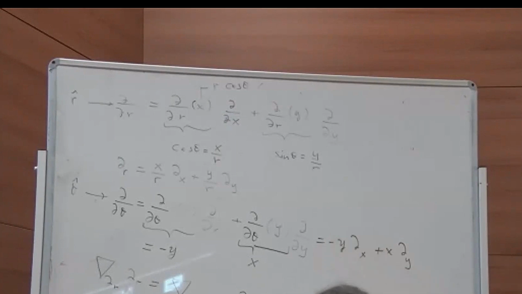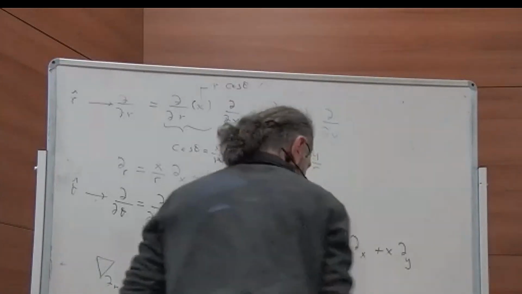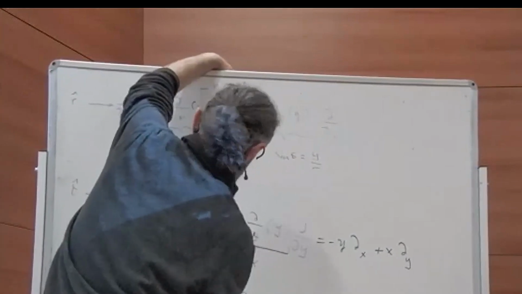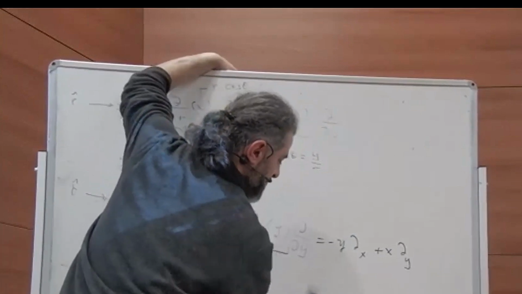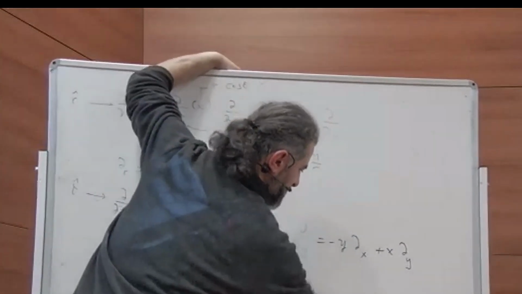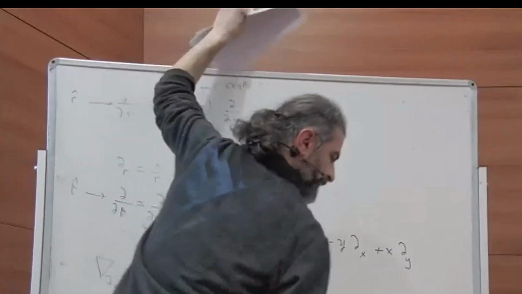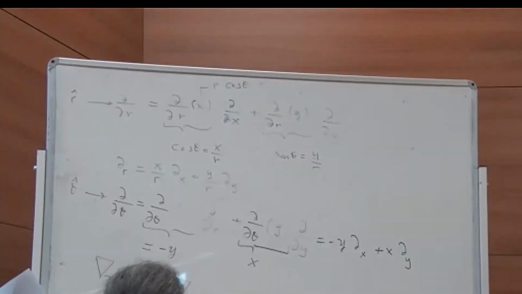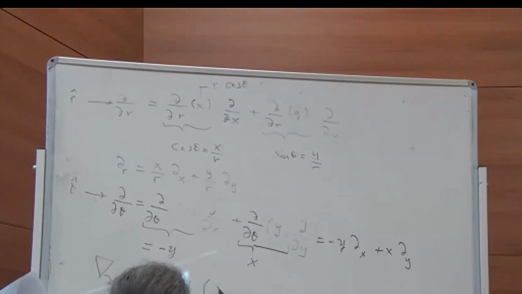Oh, I'm doing something wrong. Sorry for this. I will put d/dr here and expand the other d/dr. Okay, sorry for that. So keep it here. x plus y d/dy.